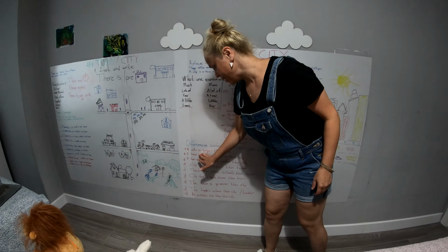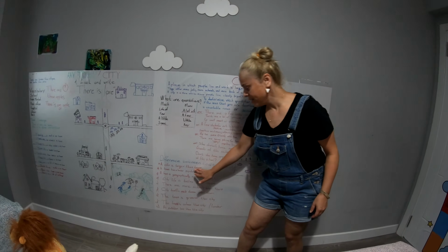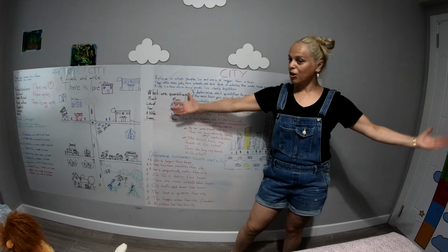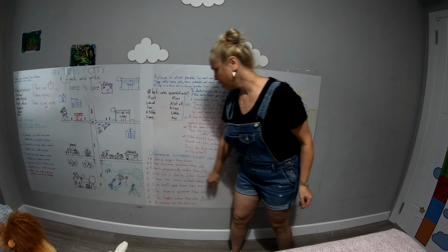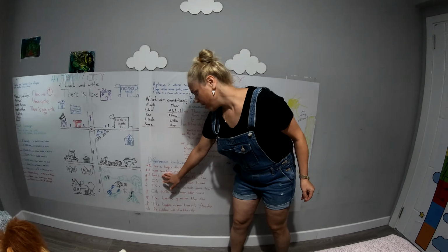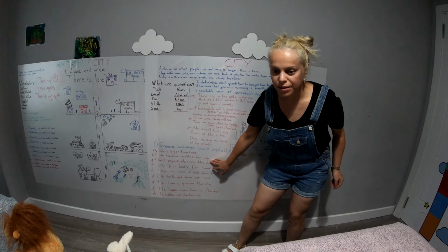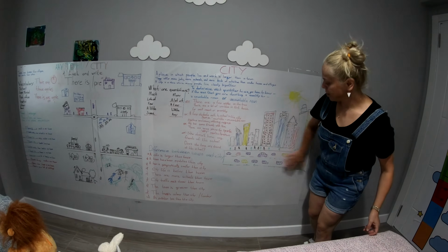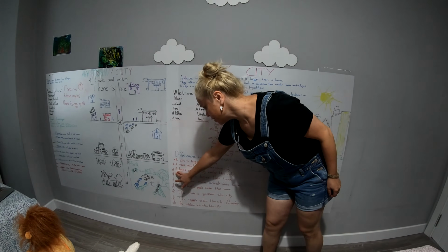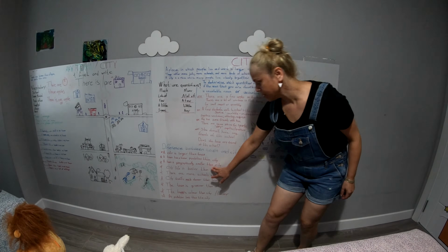A city is larger than a town, right? Yes, it is larger than a town. A town has a lower population than a city. In a city, there are lots of people, right? And the third one, a town is geographically smaller than a city.